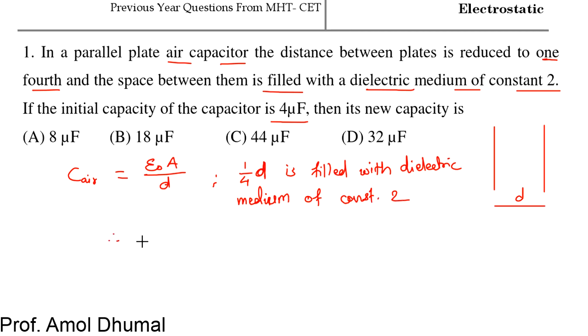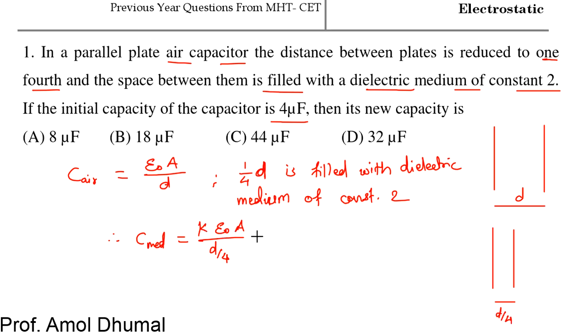Therefore, C medium, the capacity of the capacitor with the medium, is given as K epsilon 0 A divided by D by 4, since the space is reduced to D by 4.